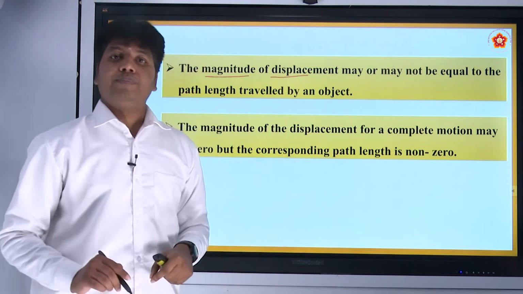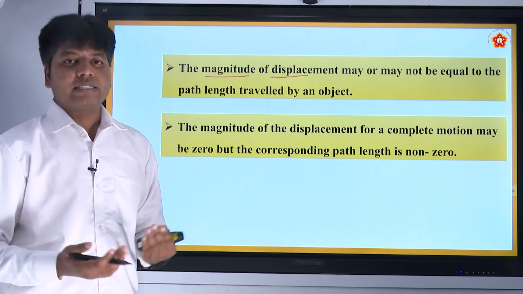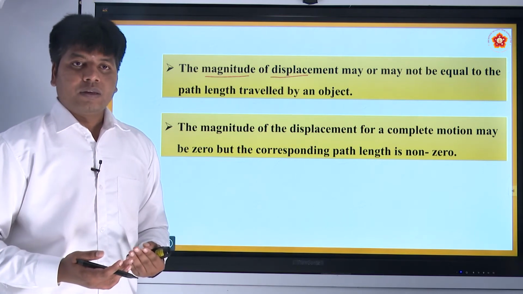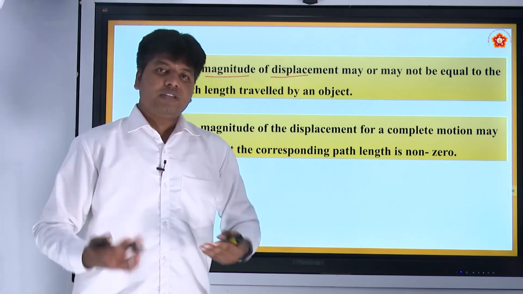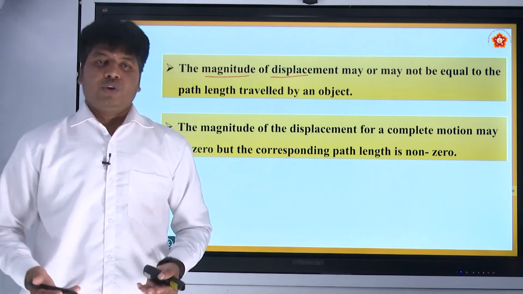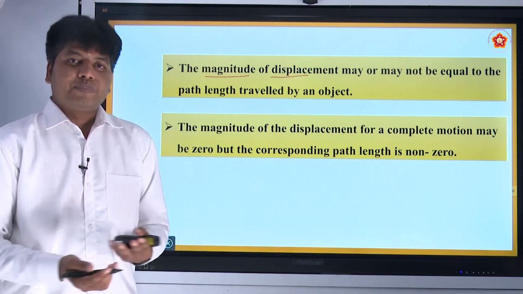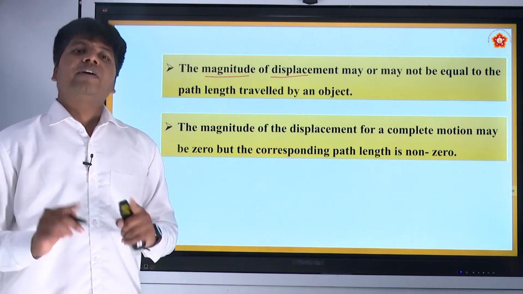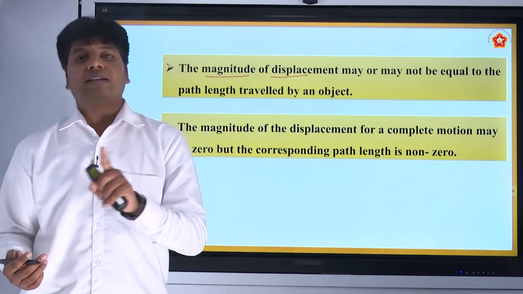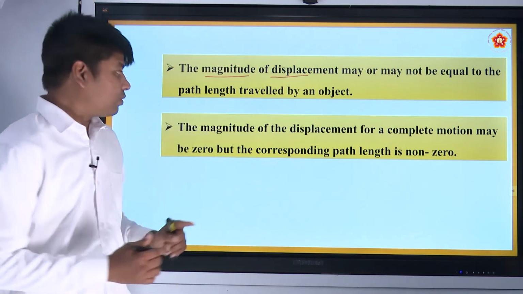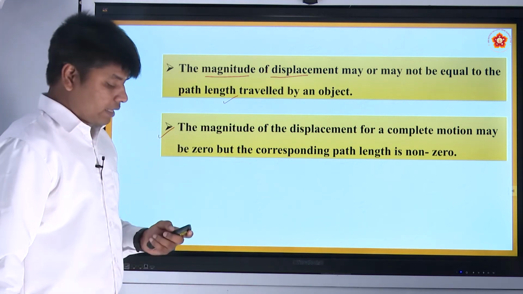You started from one point and came back to the same point, that is termed a complete motion. For a complete motion, there is no displacement because the initial position is equal to the final position. You are at the same point where you started. So displacement is 0, but you have traveled some distance. You went somewhere and came back, so the path length is not 0. So these two are the deductions we have made from our observation.